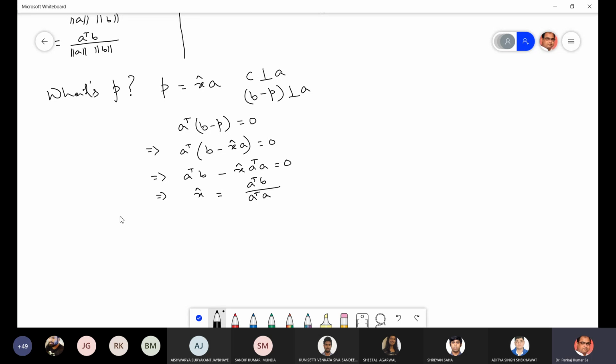So what is P? P is equal to x cap A, which is nothing but the scalar quantity A transpose B upon A transpose A times the vector A.